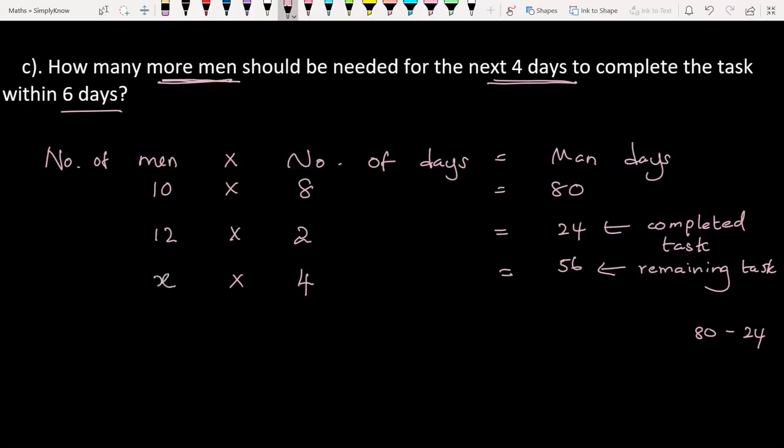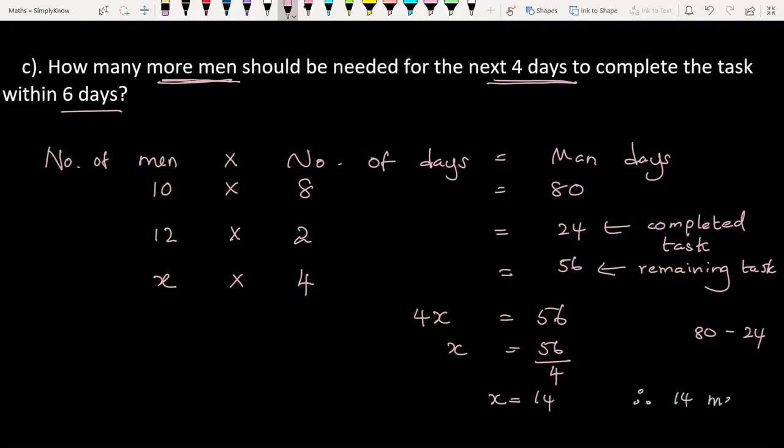Let's put x. Now let's solve this equation. x times 4 is 4x. 4x equals 56. x is 56 divided by 4 and we get 14. So 14 men are needed.